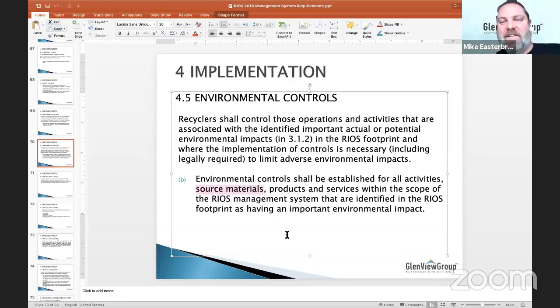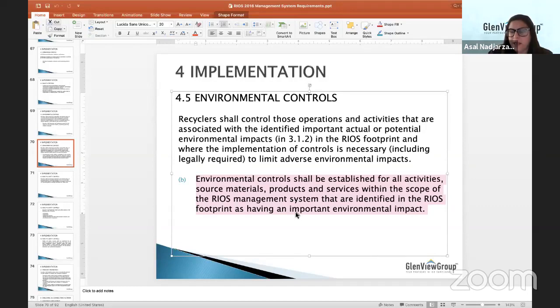Or some other potential trip and falls, or other environmental problems as well.